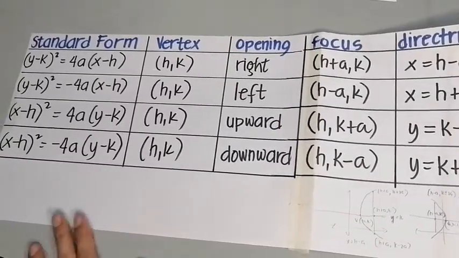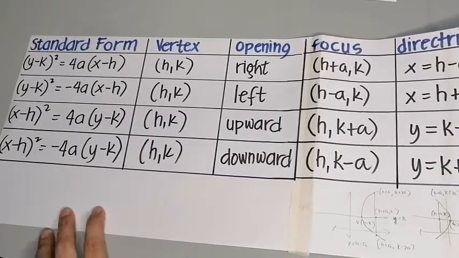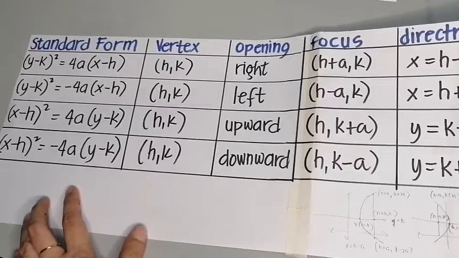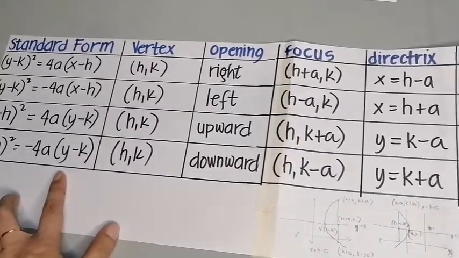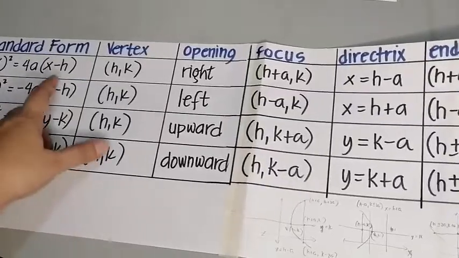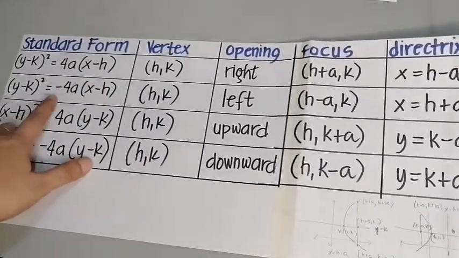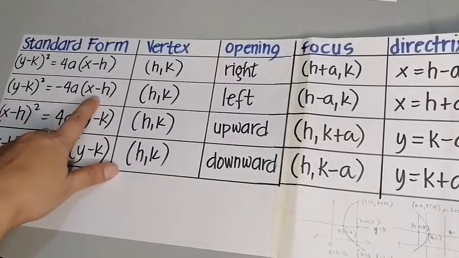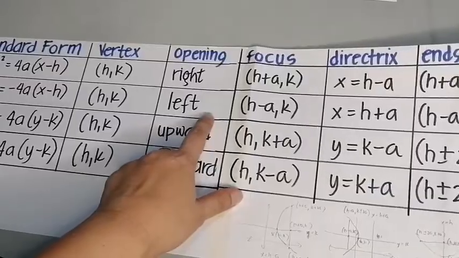For your guide, guys, in determining the elements of the parabola in any form, I prepared here the formulas. So we have here, when the standard form is, let's say, y minus k quantity squared equals negative 4a times the quantity x minus h, the vertex is at (h, k), opening to the left.